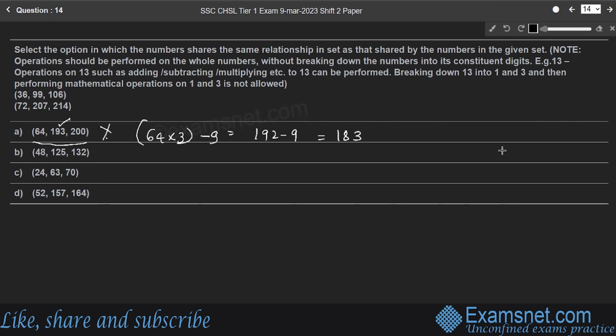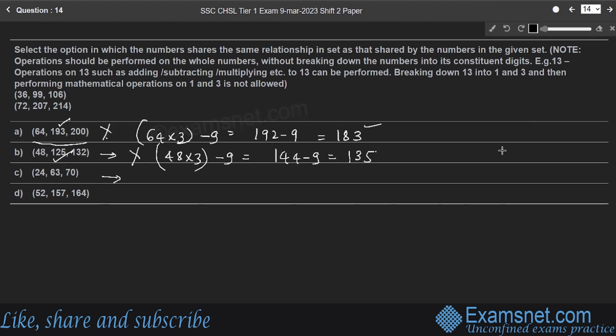Therefore, option A is not the answer. No need to go for the third number. So consider the second set. Second set, 48 into 3 minus 9. Right? So 144 minus 9, which is 135. So which is not second number according to the set. Therefore, option B is not the answer.